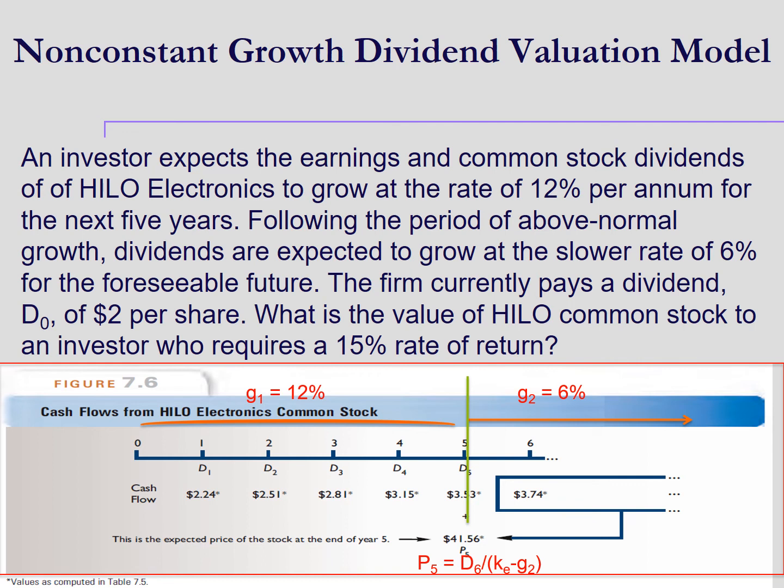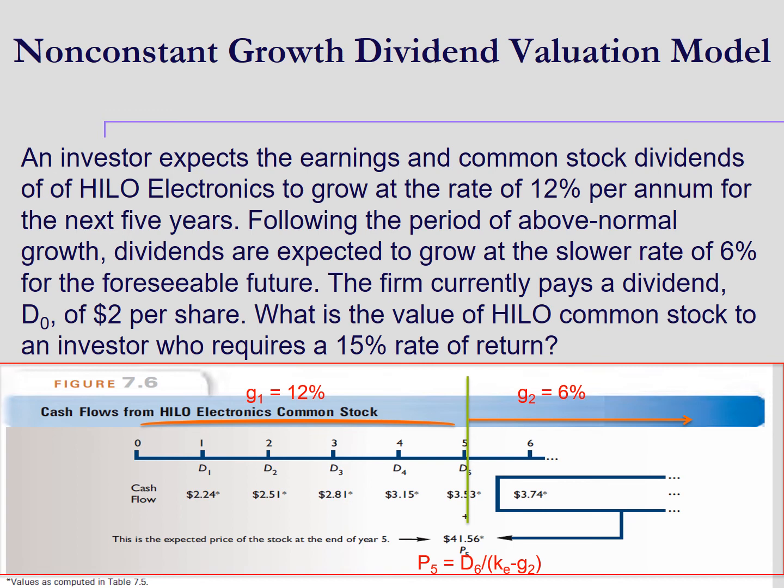Once we obtain P5, we can ignore all the expected future dividends starting from year 6 because we have already summarized those expected future cash flows into one equivalent value, P5.